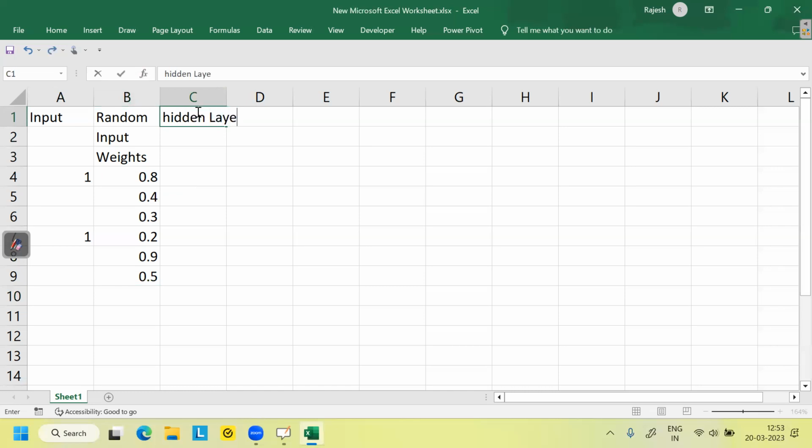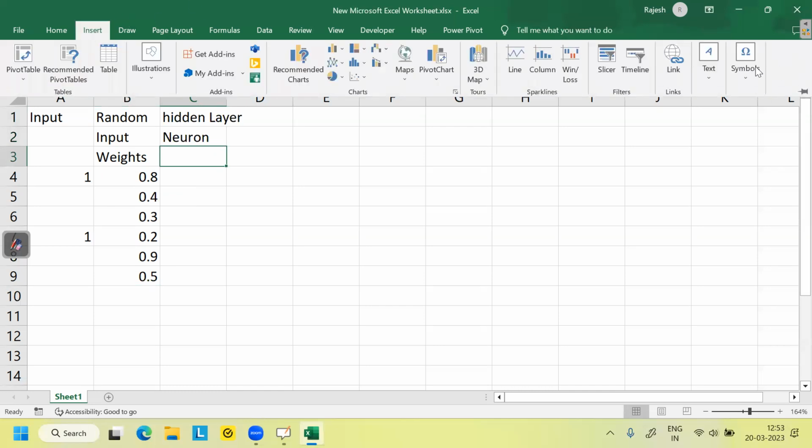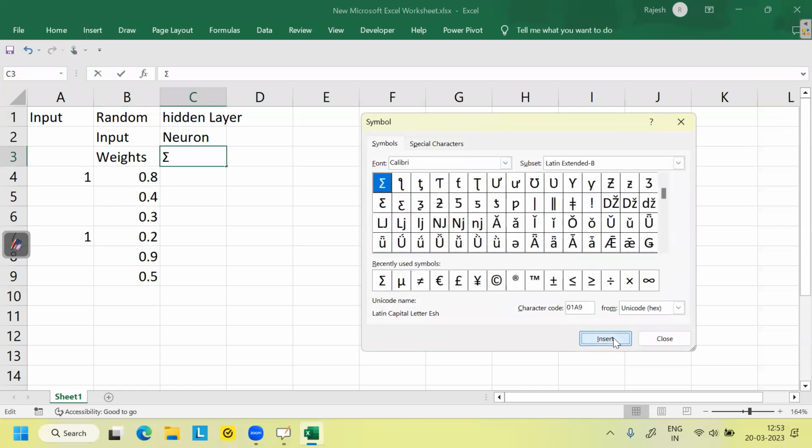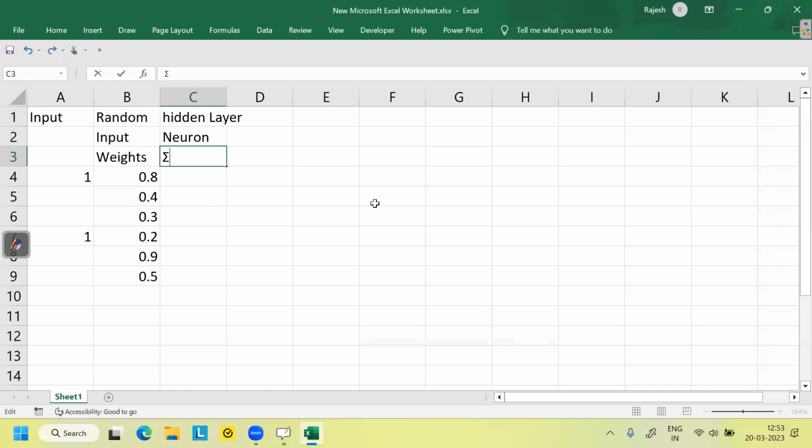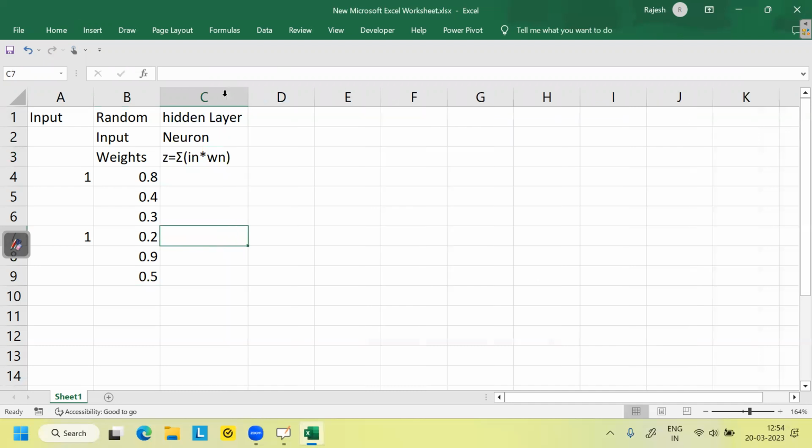Hidden layer neuron, which is sigma, that is equal to sigma input n into weight n. Input into weight.